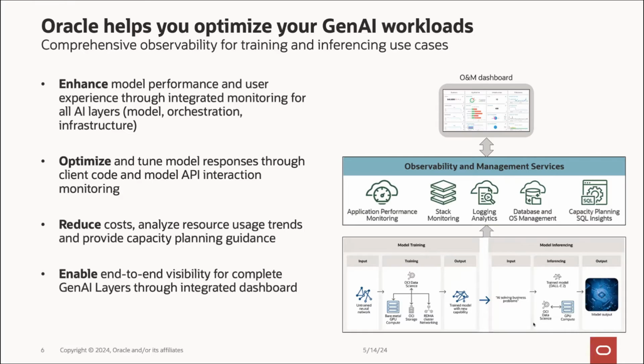So in this regard, Oracle Observability and Management is offering a set of capabilities to monitor your overall infrastructure, right? Number one, we just want to make sure that your overall model performance and user experience is up to the mark, right? And we do that by collecting different types of data from your model layer, which may be the OpenAI layer, Bedrock, or your Cohere environment, right?